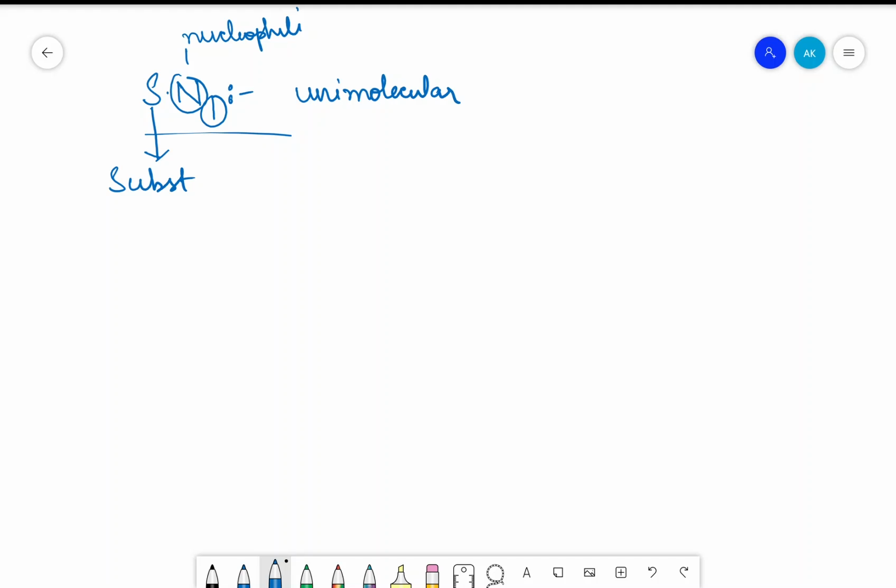The rate of the nucleophilic substitution reaction depends only on the concentration of the substrate or alkyl halide, and it follows first order kinetics, which is represented as SN1.